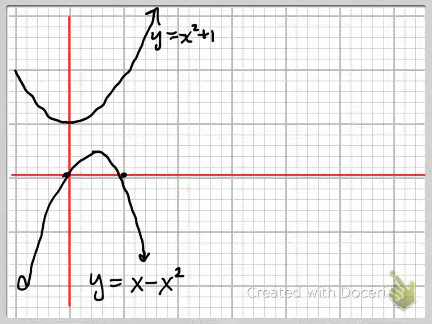So for problem number 5, we're looking at two functions, right? And we just want to find where along these two graphs the vertical distance between them is a minimum.